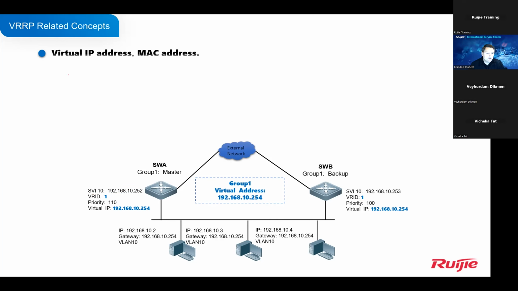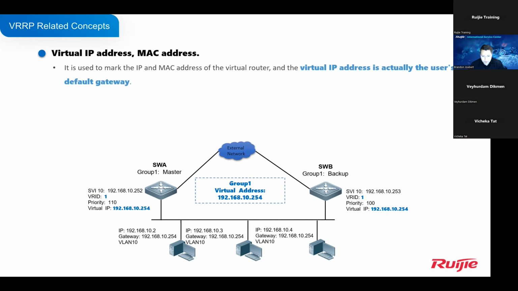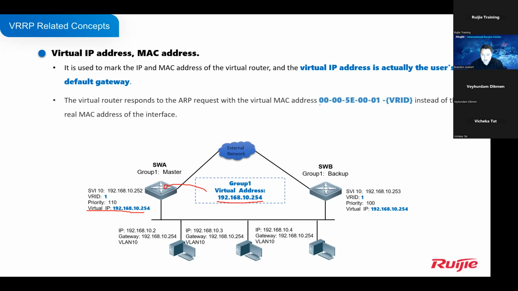And then you have a virtual IP address and a virtual MAC address. What is important to note is that when the virtual IP address is created, it's created on the virtual router, and that router attaches itself to the master device. But what's interesting is that this virtual IP address has its own MAC address of 00-00-5E-00-01.